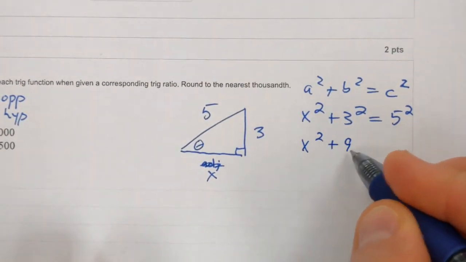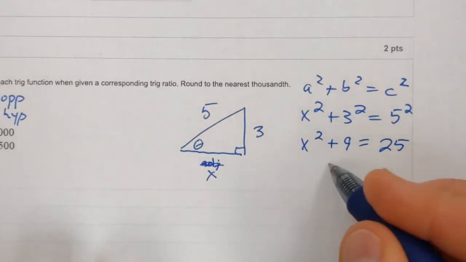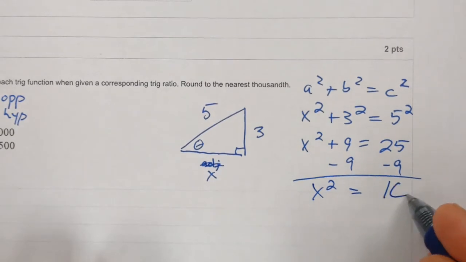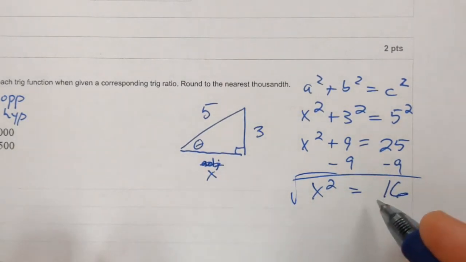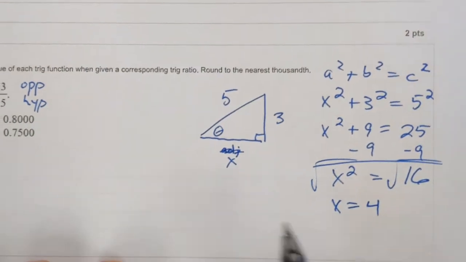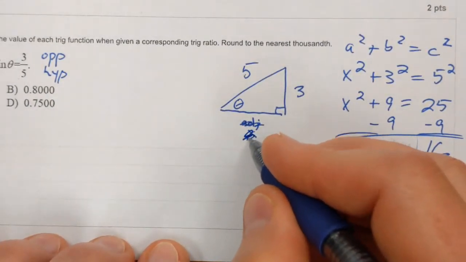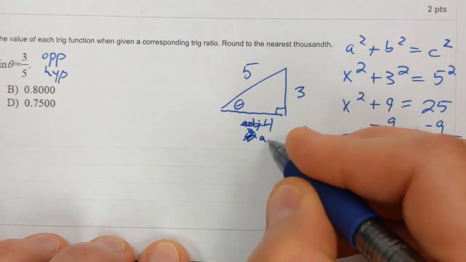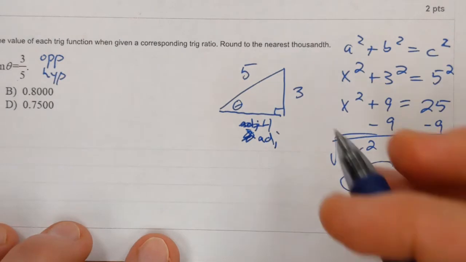So x squared plus 9 equals 25. Subtract 9 from both sides. You all remember the Pythagorean theorem. It wasn't too long ago we were studying it. So we found that the adjacent leg here is actually equal to 4.